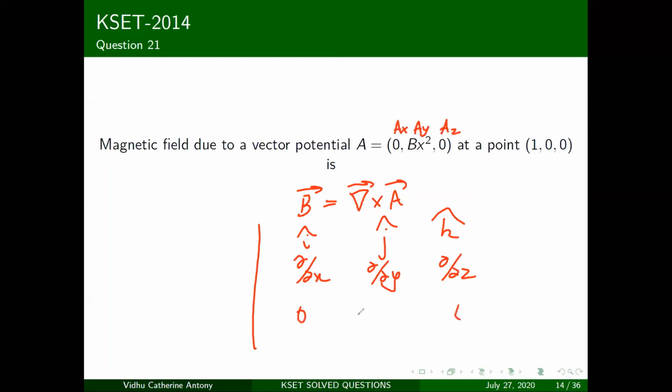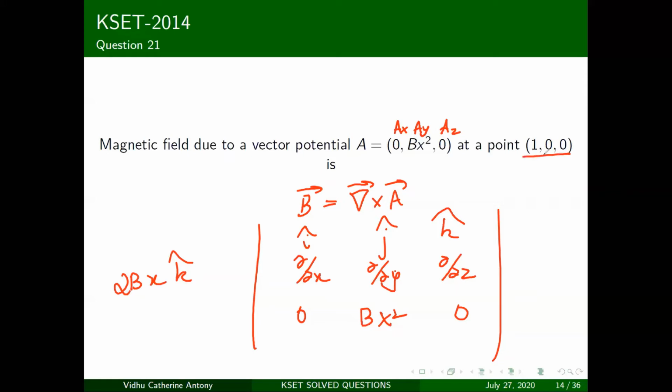These are 0, 0, and you have b x squared. Okay, so you have to calculate this out. You realize all other components, your i and your j, are going to be 0. It's only along the k direction that you're going to get a magnetic field. So you basically have 2bx, and you have a k cap. All the rest of the terms give you a 0. When you differentiate dou by dou x of this term, you end up getting 2bx.